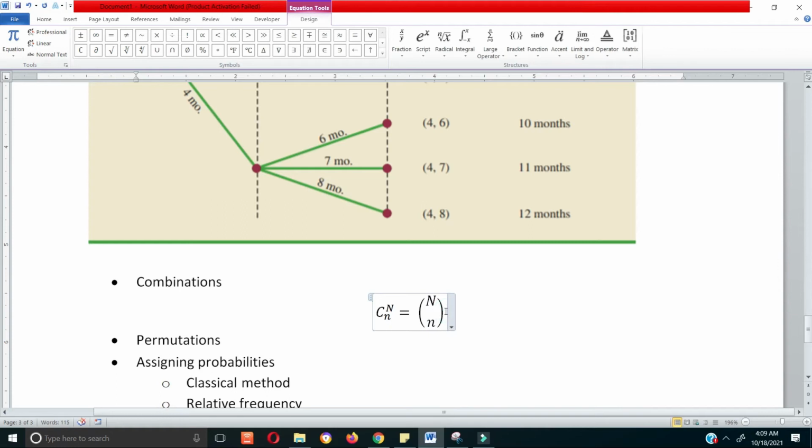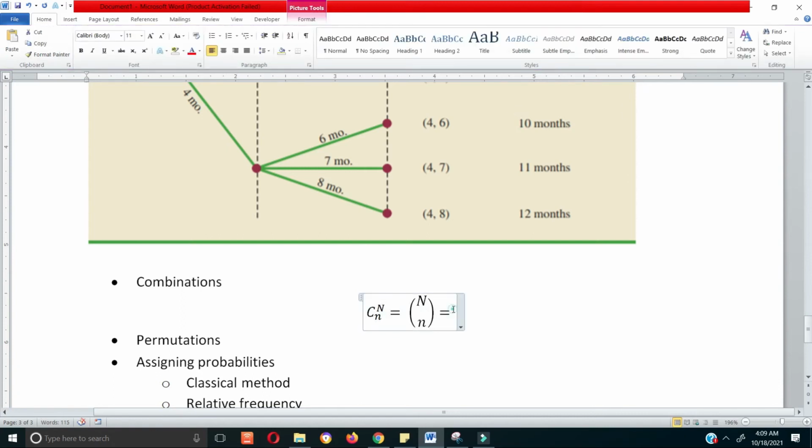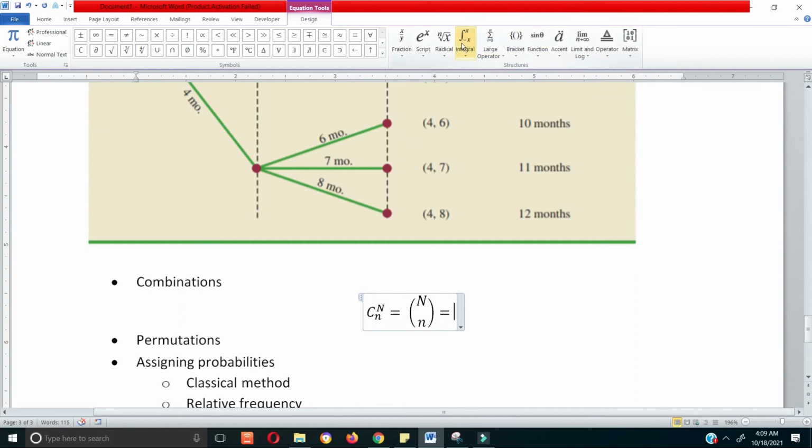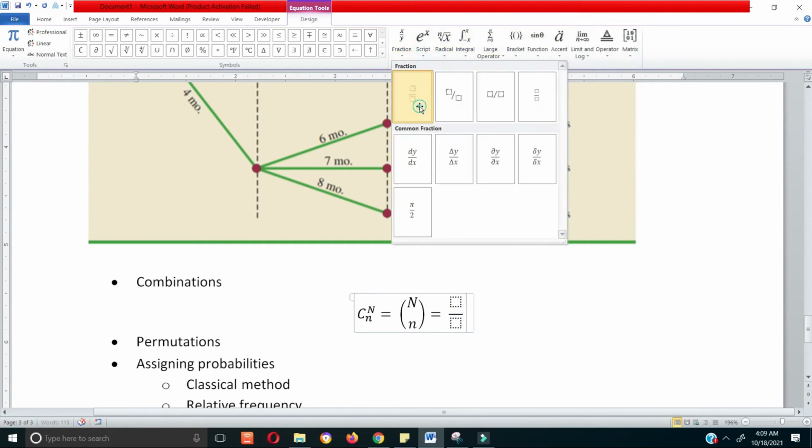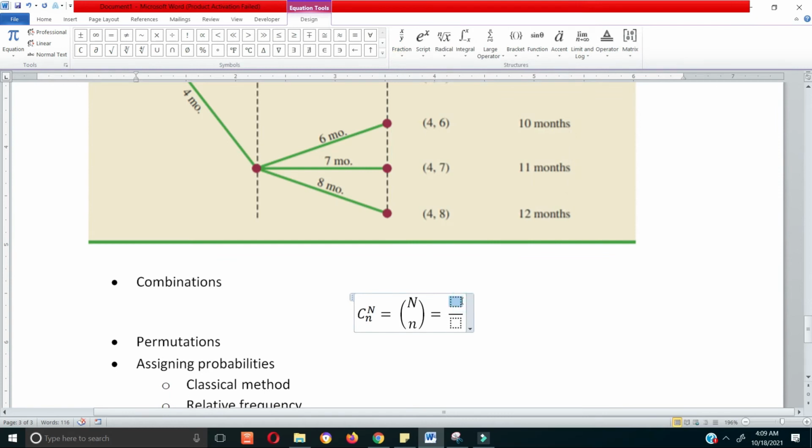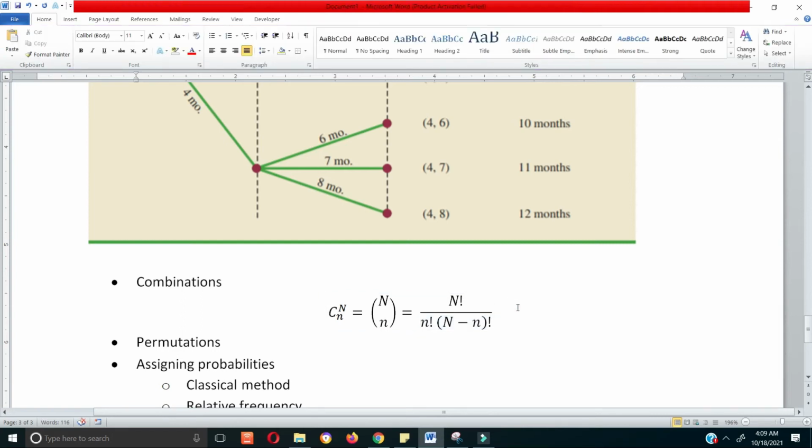It is uppercase N factorial, divided by lowercase n factorial times N minus n factorial. So that's a combination.